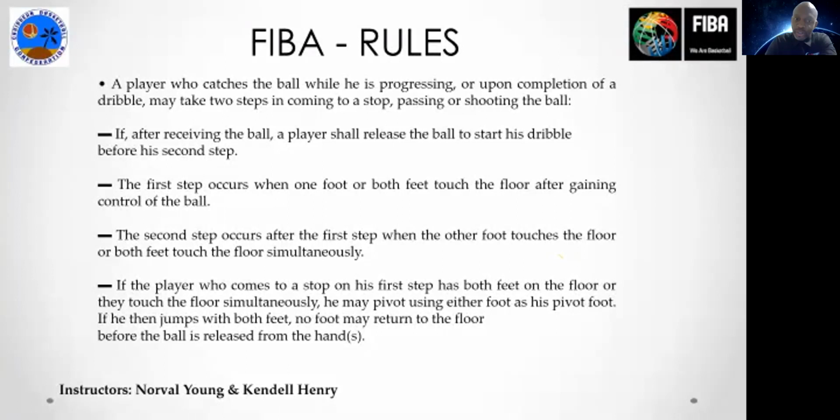The first step occurs when 1 foot or both feet touch the floor after gaining control of the ball. The second step occurs after the first step, when the other foot touches the floor or both feet touch the floor simultaneously.